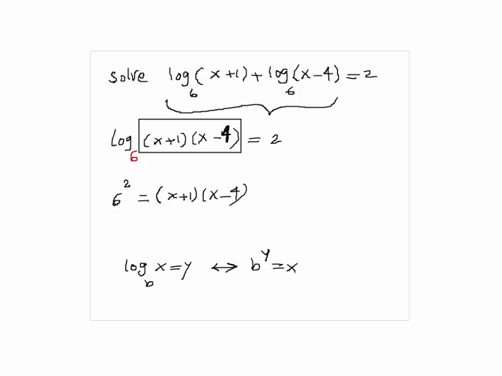If I multiply this together, I get x squared, then minus 4x plus x would be minus 3x, and then minus 4 is equal to 36. And then just solve for x. Does that make sense, everyone? This is 2.